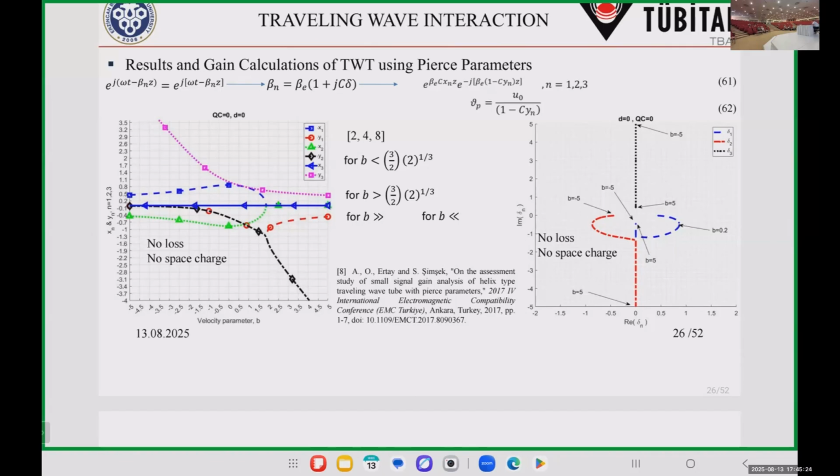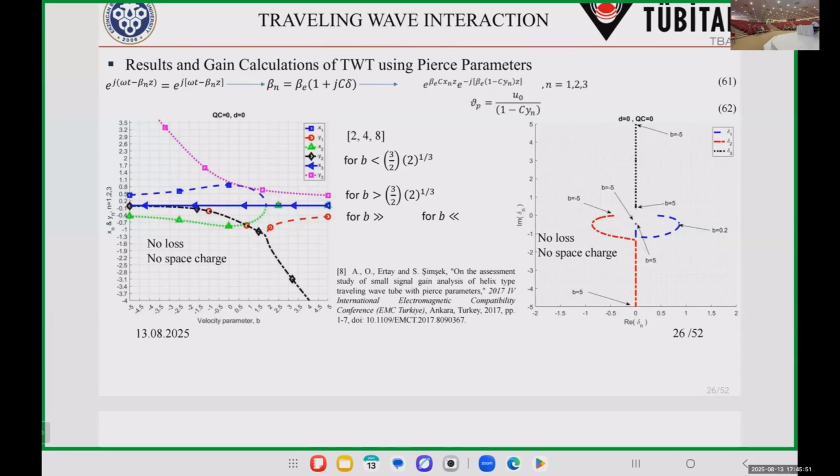If we look at the right side of the plot, we can say delta 1 is the increasing wave component, delta 2 is the decreasing wave component, and delta 3 is the unattenuated wave.